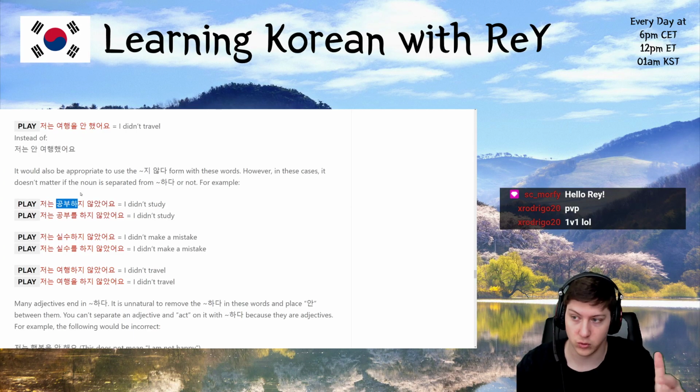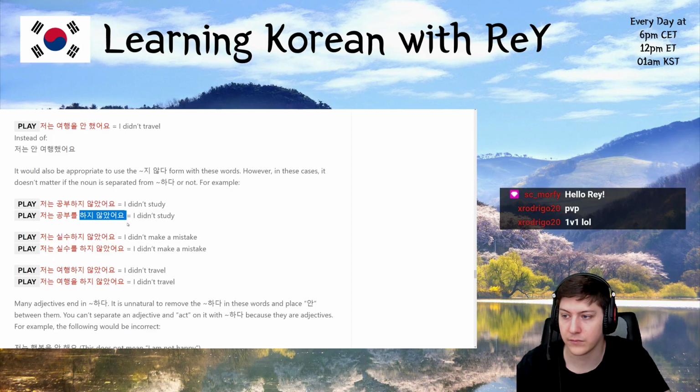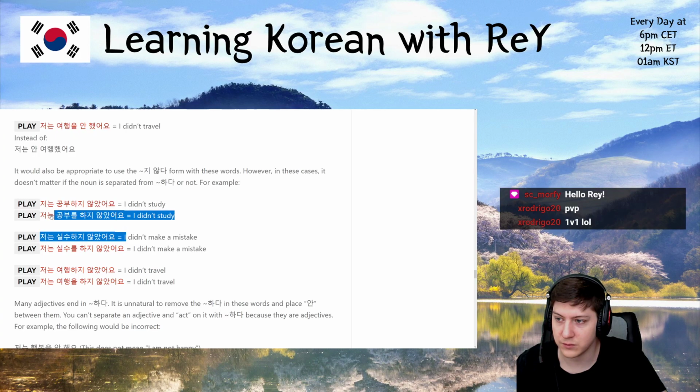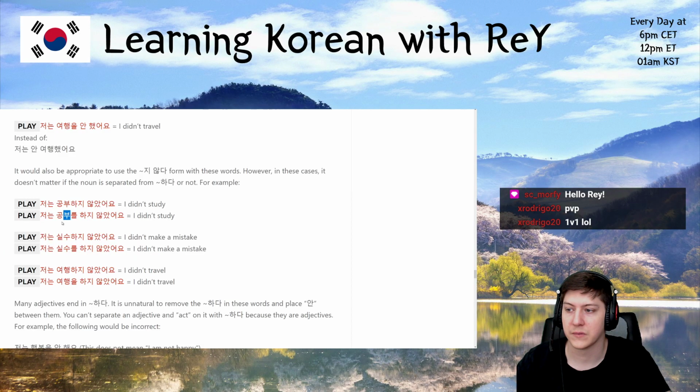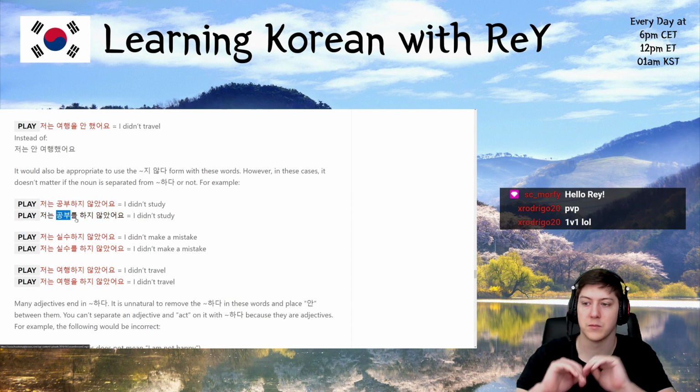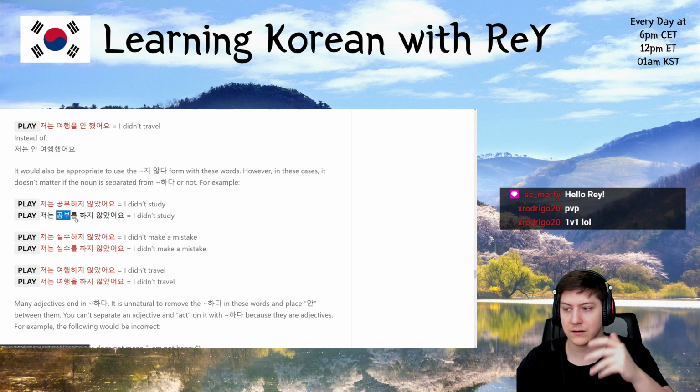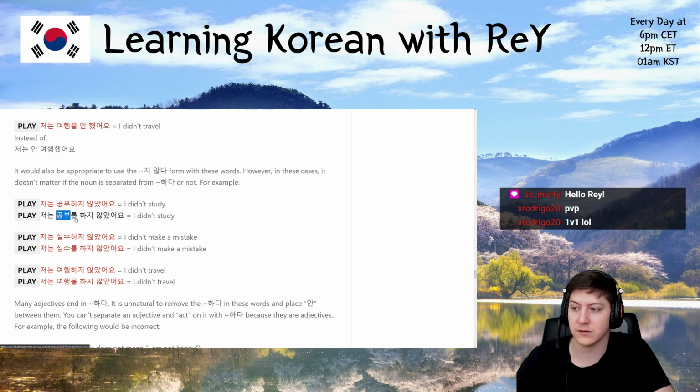Kongbuha together, and here we have Kongbu as an object, and then hada. I mean the big difference between those two is that in the bottom case you need the object particle because you make this a noun. You separate it from the verb and you make it a noun, and with that it needs to be a subject or object, so in this case object. But apart from that it's basically the same.